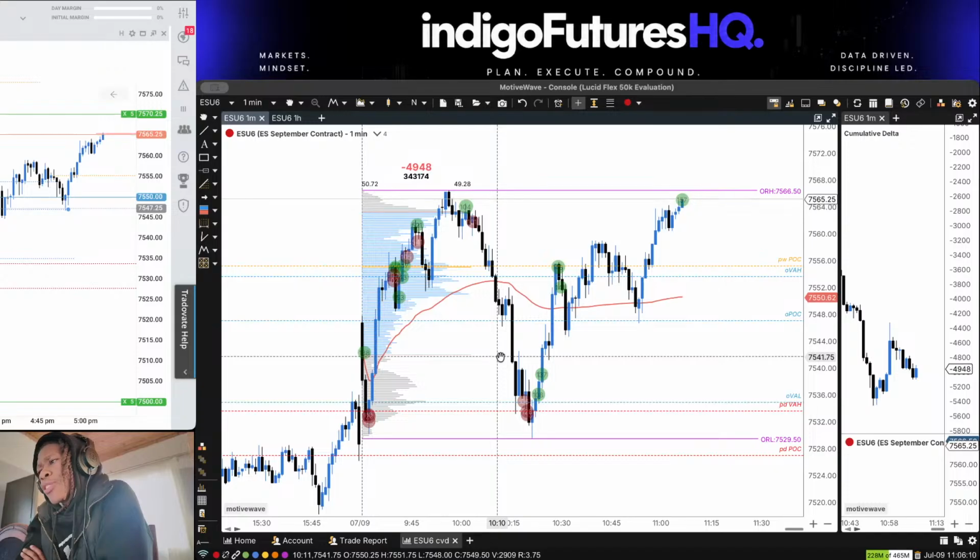Initial balance, 566. There we go. So do they break out of initial balance, or was it such a struggle to get there in the first place?